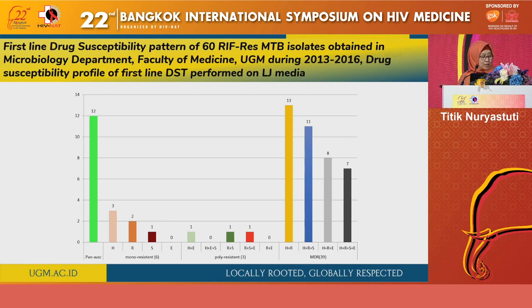Only 44 isolates were rifampicin resistant based on the phenotypic method, while pan-susceptible, monoresistant, and polyresistant without rifampicin resistance were detected in about 12, 6, and 1 specimens.